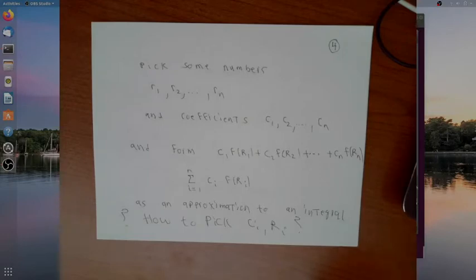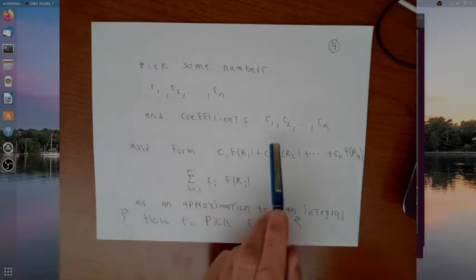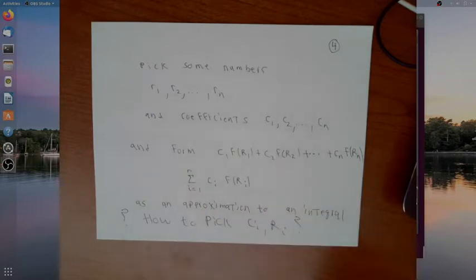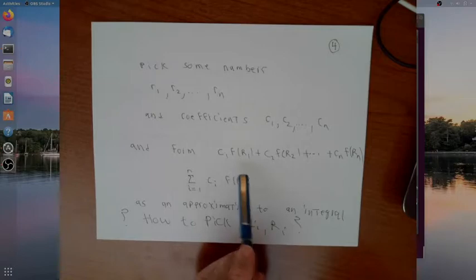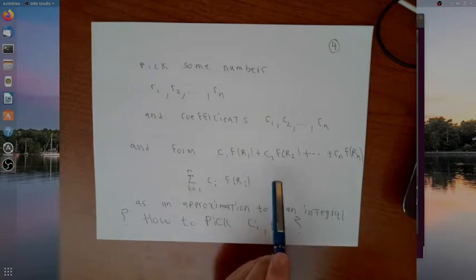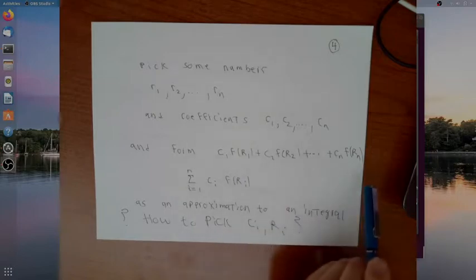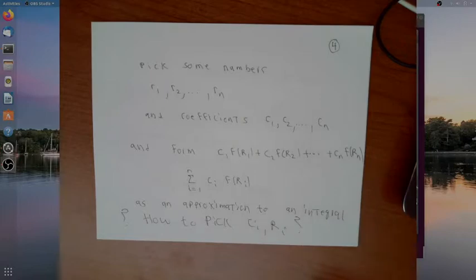The n now is not the number of subdivisions in the usual kind of method. It's going to be the number of terms that I add up. The coefficients are c1 through cn. The approximation to our integral is going to be c1 f at r1 plus c2 f at r2, all the way up until you've accounted for the last one.